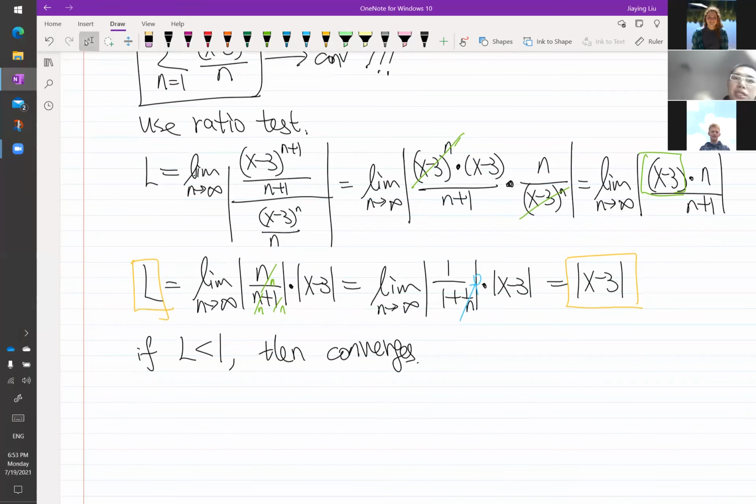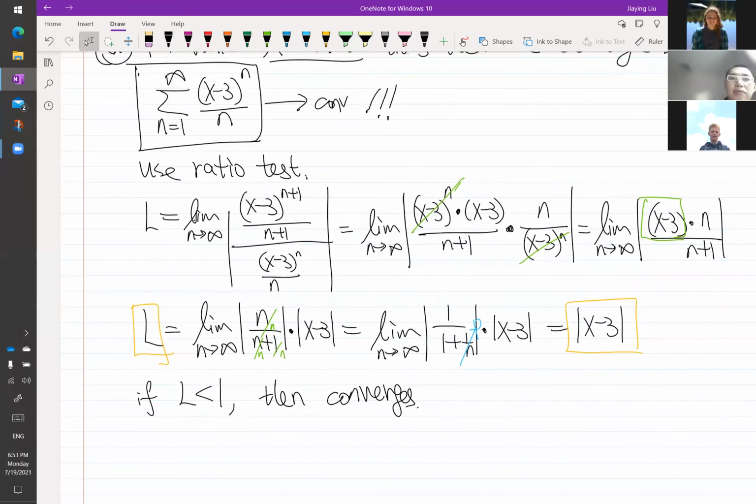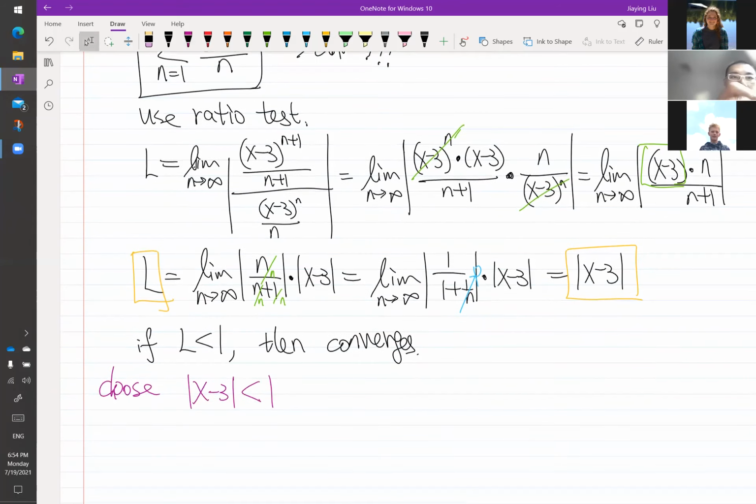So if we want the original series to be convergent, we have to choose that L, the absolute value of x minus 3, which is what L is by using the ratio test, is less than 1. Otherwise, it's not going to be convergent. So we're going to choose that the absolute value of x minus 3 is less than 1.